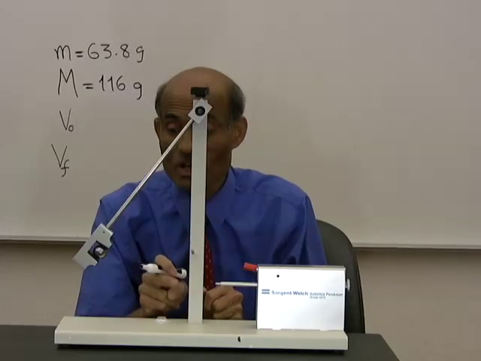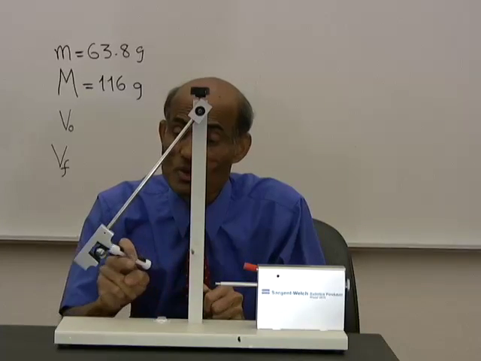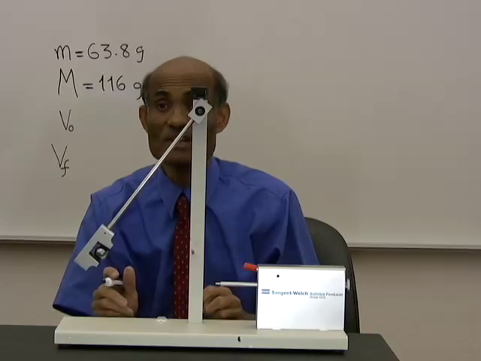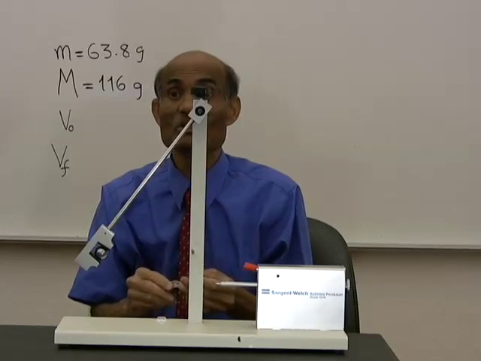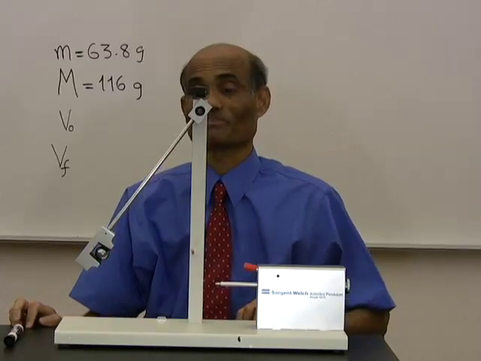That means we are now going to measure the height to which the system is raised. That is the measurement that you need to do in this part. How do you measure that height?